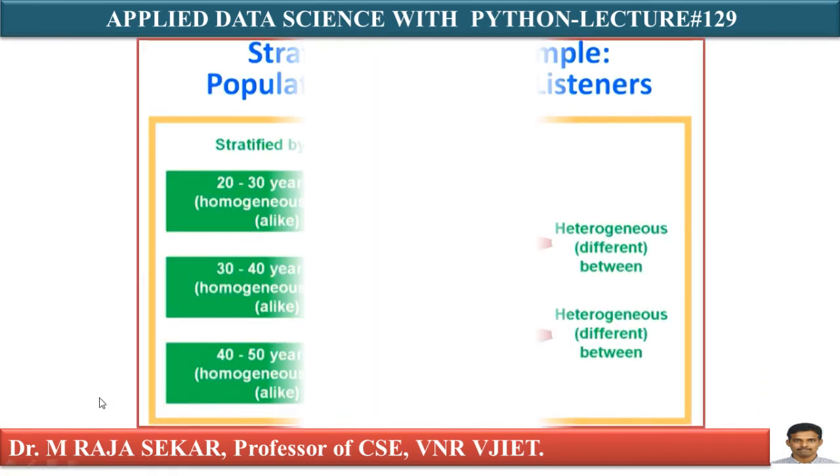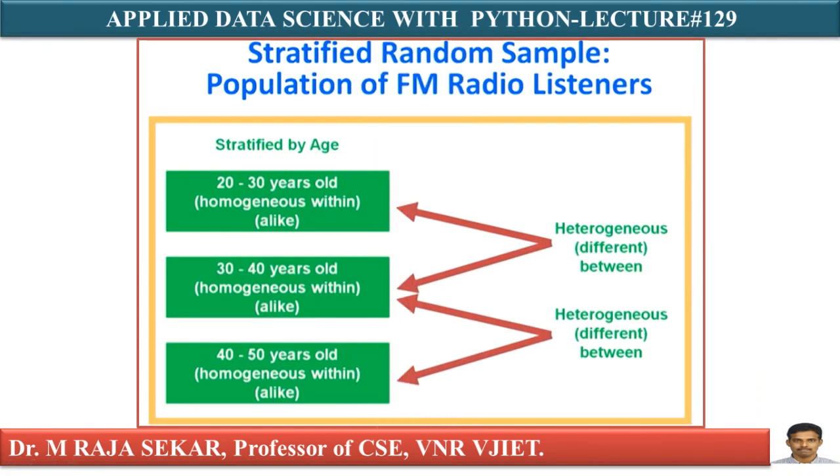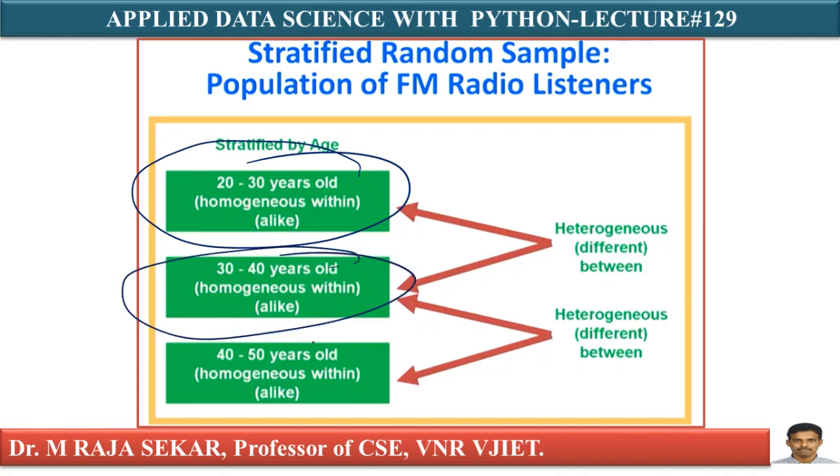Let me consider one more simple example. This is a stratified random sample of the population of FM radio listeners. If you observe carefully, the same concept I am applying. The whole population is divided into 3 strata: strata 1, strata 2, strata 3.